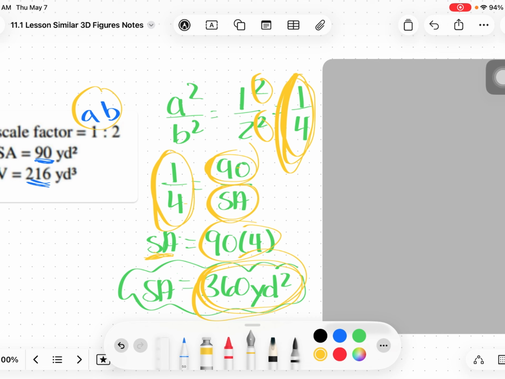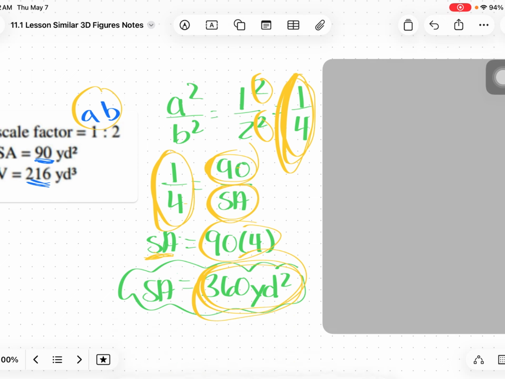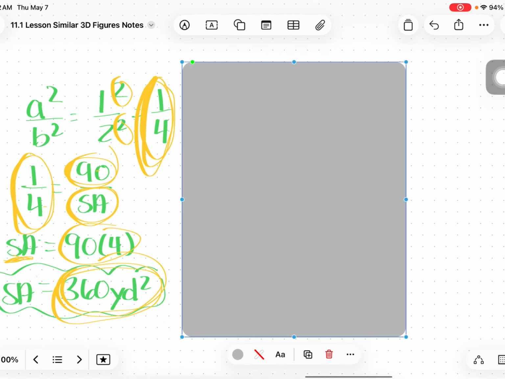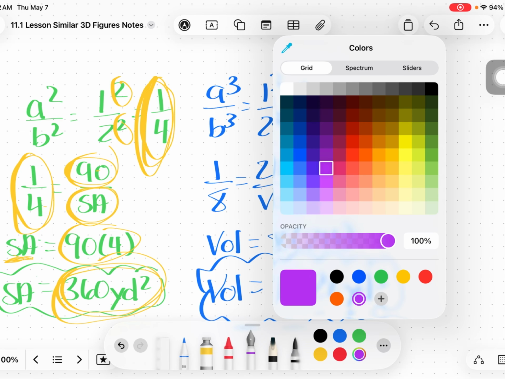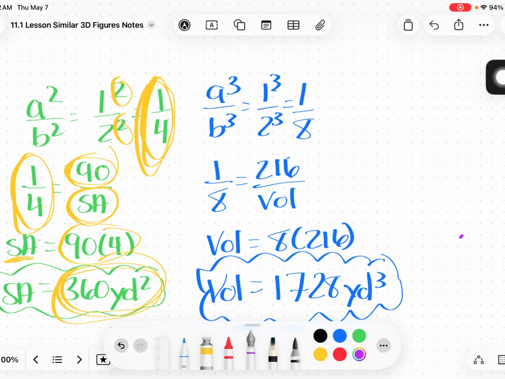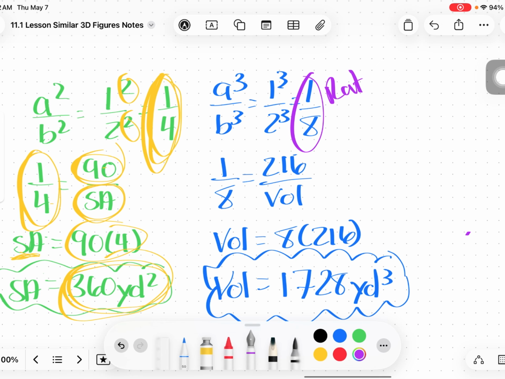I can do the same thing for volumes. I can take that A over B, 1 over 2, and I could raise them both to the 3rd power. So I'm raising them to the 3rd power to get a ratio of volumes of 1 over 8. And so my volume of my smaller shape was 216.